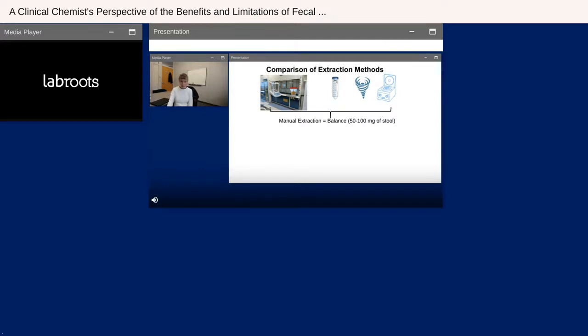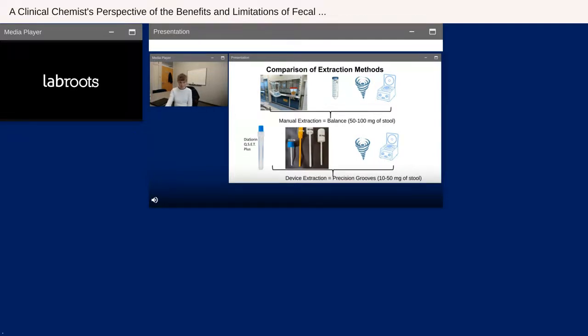We're going to contrast that with the device extraction. The manufacturers have gotten very creative and made many of these extraction devices. These are pre-filled tubes with buffer, and they have what we like to say in my lab, the magic wand. The magic wand has precision grooves, and these precision grooves collect an accurate and precise amount of stool.